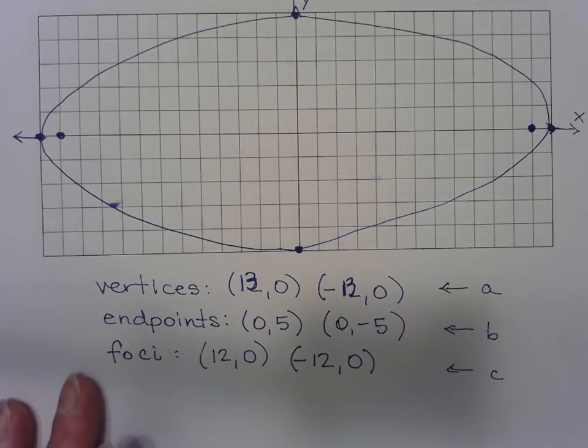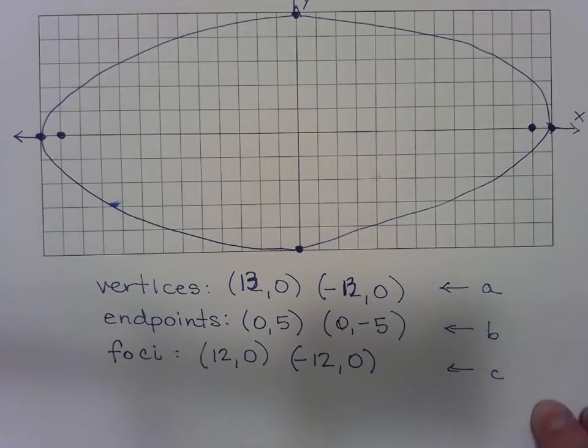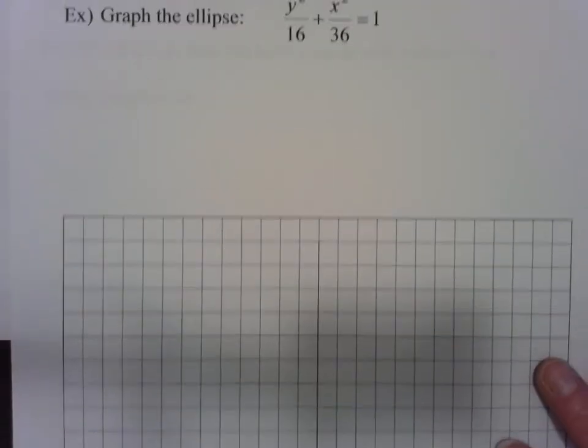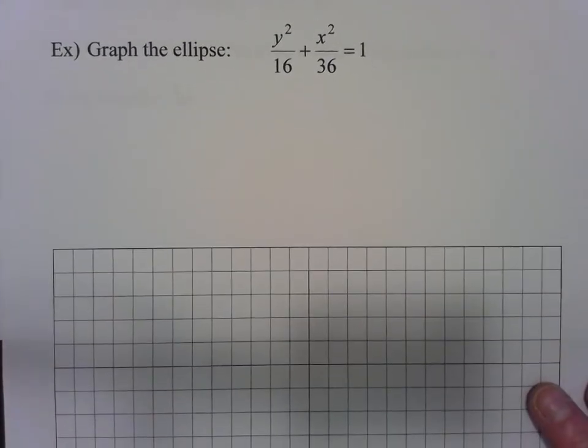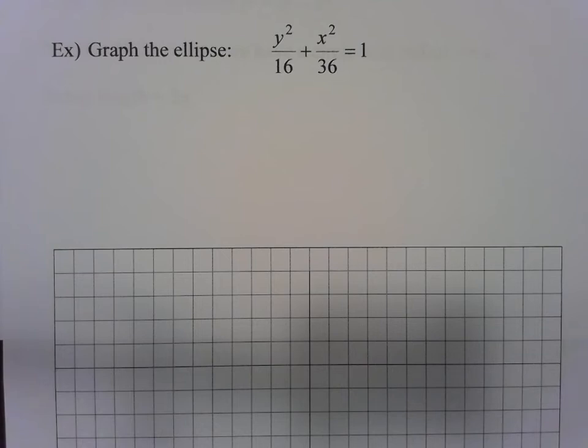All right, so hopefully you can follow that process to see where everything joins into the formula for an ellipse. Let's try one more. Okay, so again, let me bring this down.